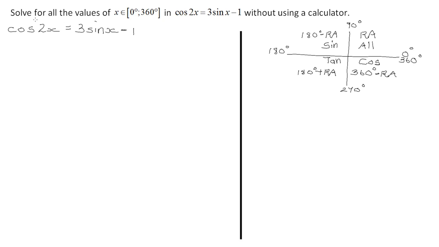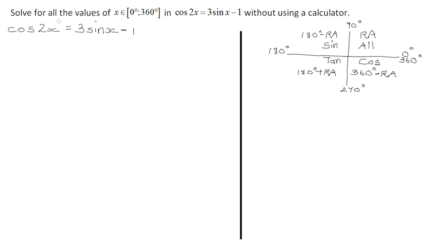Cos double angle equals to sine single angle. I think this examiner is mistaken. That's normally what we think. But now, if you're looking at this double angle, according to my formula sheet, I can express this double angle in terms of sine by using formula number 15.